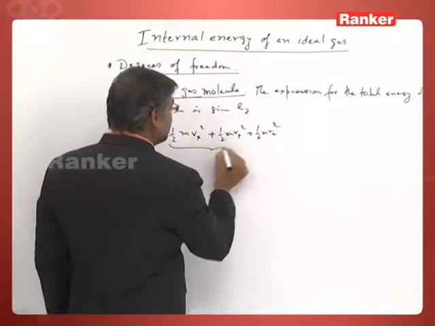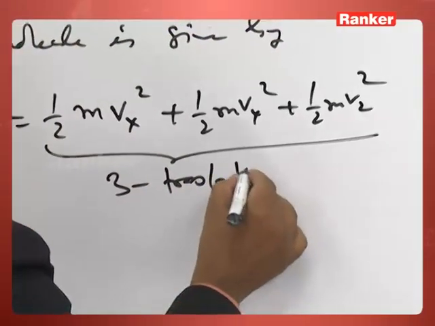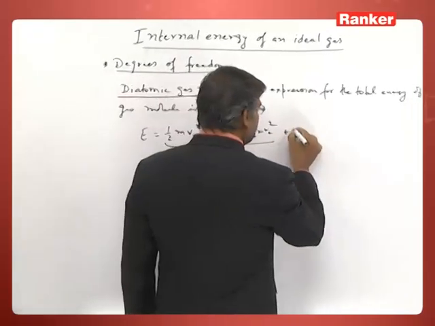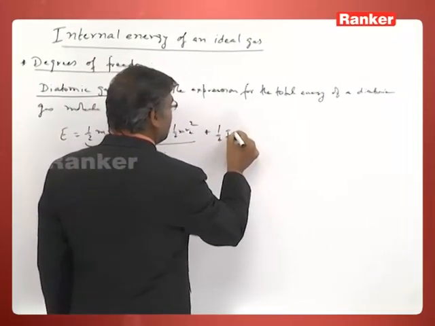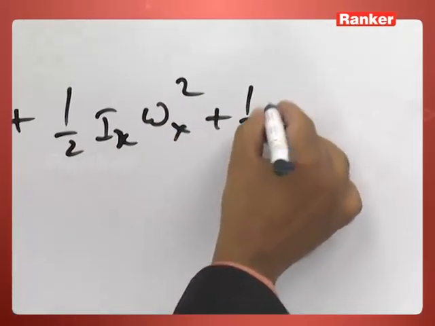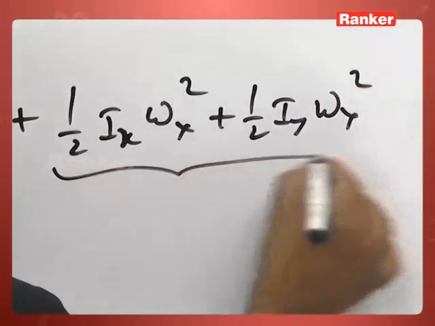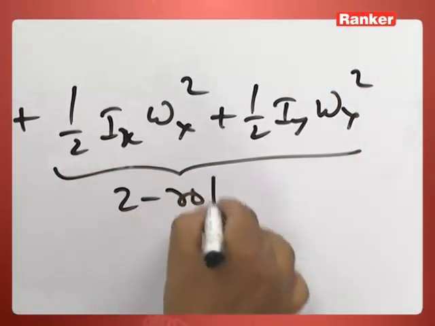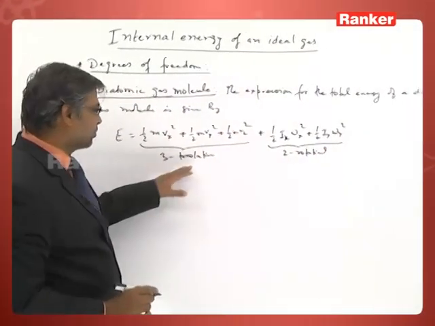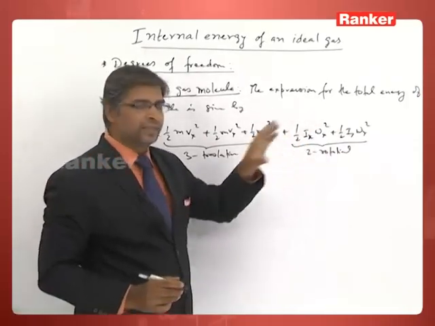So, these are 3 translational, plus half Ix wx square plus half Iy wy square, 2 rotational. We have taken 3 translational and 2 rotational, and I have neglected the third one.